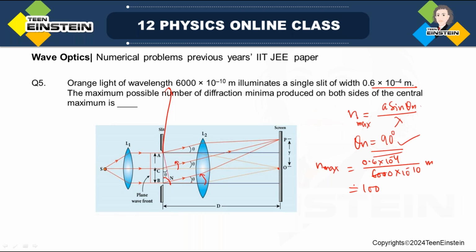But this 100 occurs where? When it is at infinity. When it goes to infinity, it diffracts like this, like this, like this. And when it is at infinity, the screen also has to be infinitely wide, and you will see it at infinity.